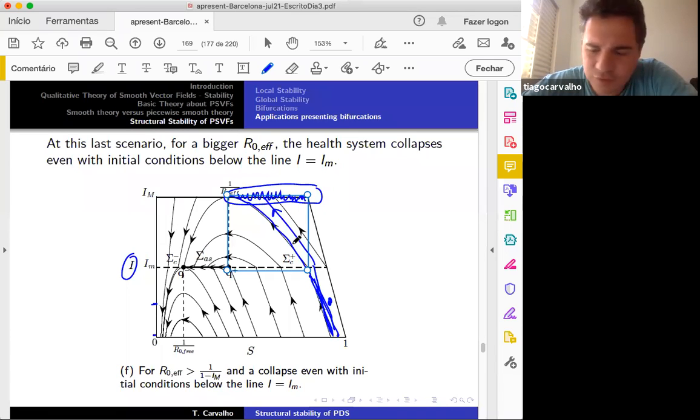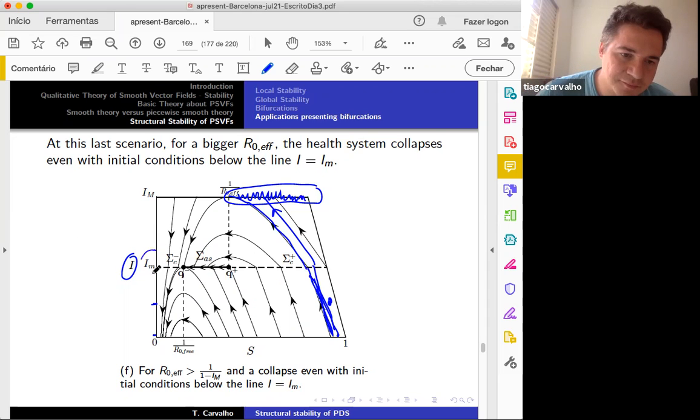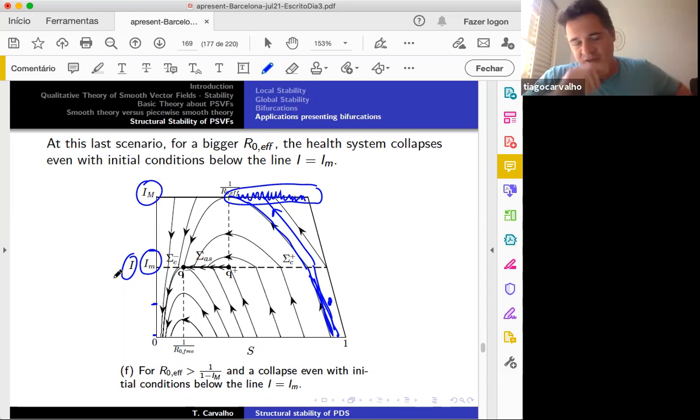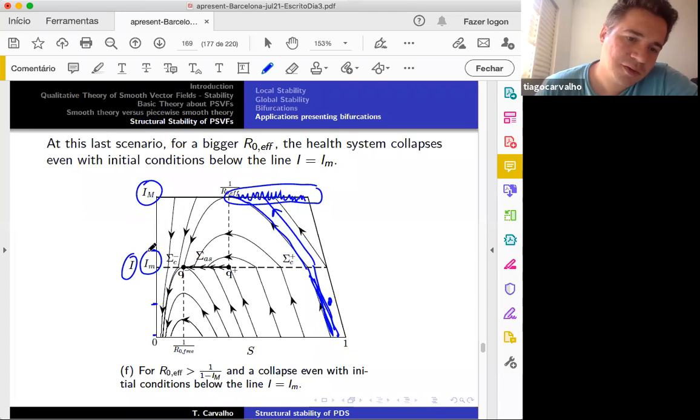So we need to take care about this dynamic in order to control these numbers. In the paper which we have submitted, we explicitly show these numbers.